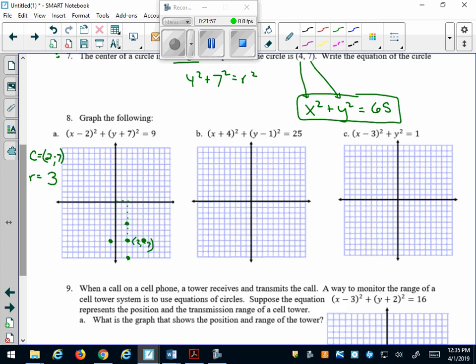Those are the only points you can actually graph for sure. What you want to do then is think about connecting these in a circular pattern. I find it helpful to think about it one semicircle at a time. I think about making a rainbow that goes through those, and then a rainbow that goes through those, and then it's kind of circular. If you think about connecting the dots, sometimes it comes out a little squarish.